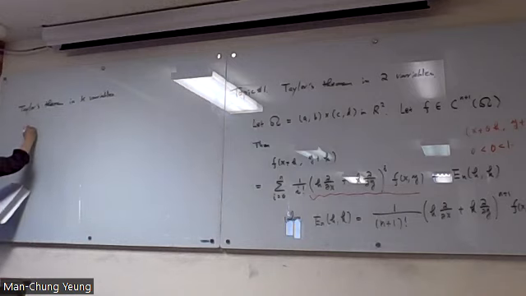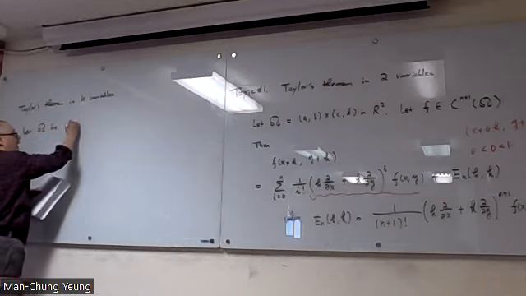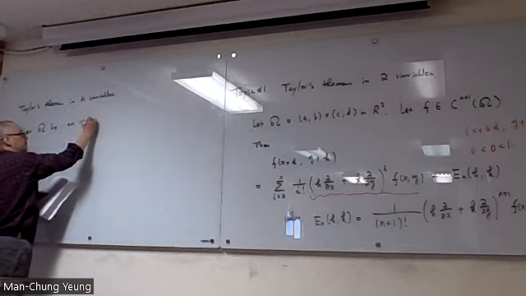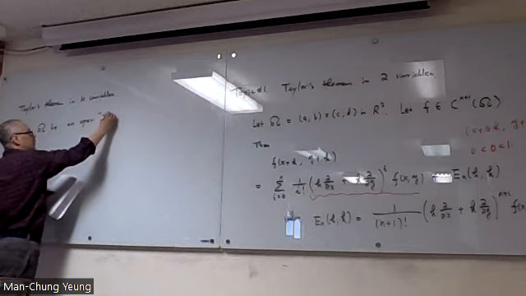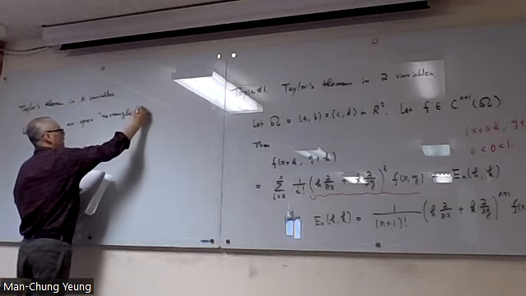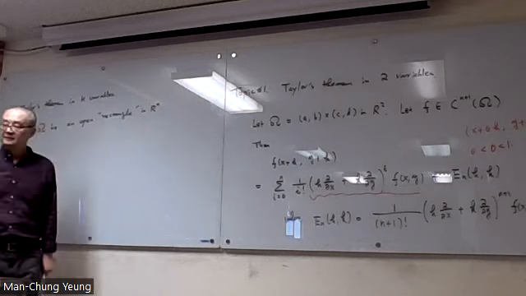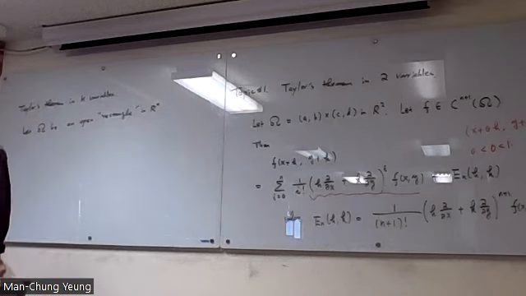Let omega be an open rectangle in R^k. In R3, omega is a rectangular box.